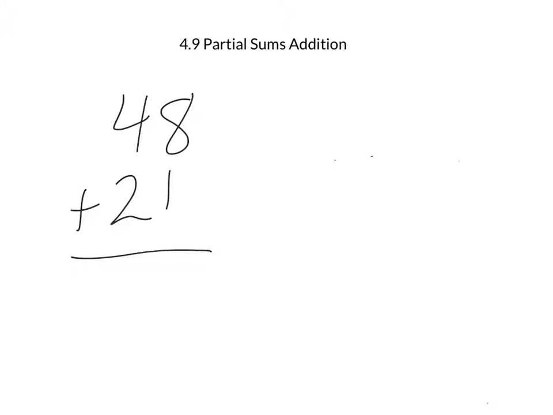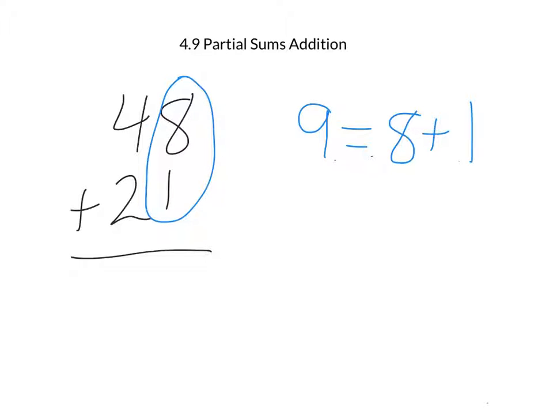So let's look at 48 plus 21. First thing we do is we look at our ones place. We see we've got 8 and 1. So we'd make the addition problem 8 plus 1. We do 8 plus 1, we get 9. We then look at the tens place.